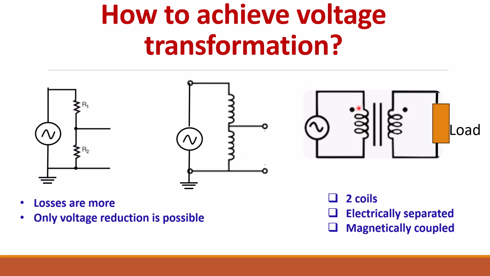The flux through the primary coil will link with the second coil, and through that you transfer the current to the load. This type is called the transformer, and we are going to discuss only this transformer.